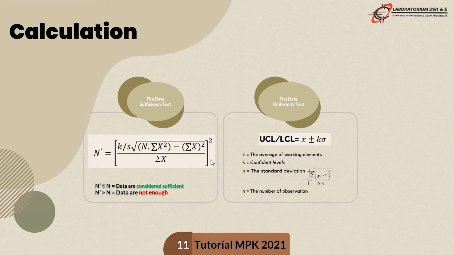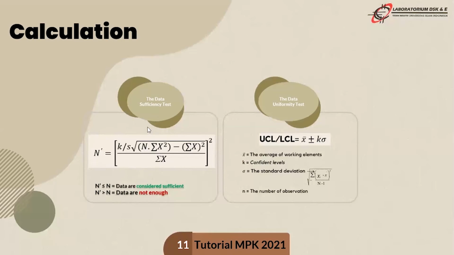For 99%, the K value is 3. For 95%, the K value is 2. And for 68%, the K value is 1. And S is the level of accuracy, which indicates how much the observer believes that the result obtained meets the accuracy requirements.